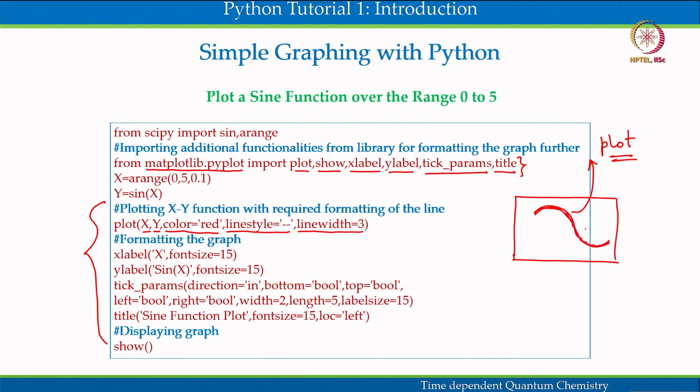So this is called plot, and different formattings are given here. One can change these numbers, line style and color of the plot. Now going back to the formatting the graph, x level, what I'm writing here, this is called x level.